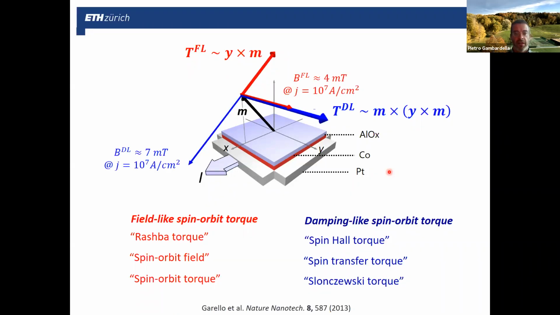Okay. And typical values are on the order of a few millitesla for these current densities, which are relatively large, but not as large as to damage the samples.